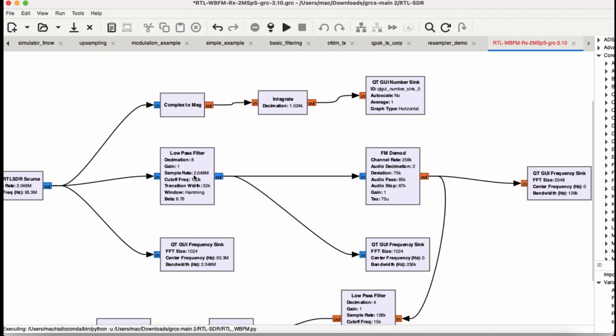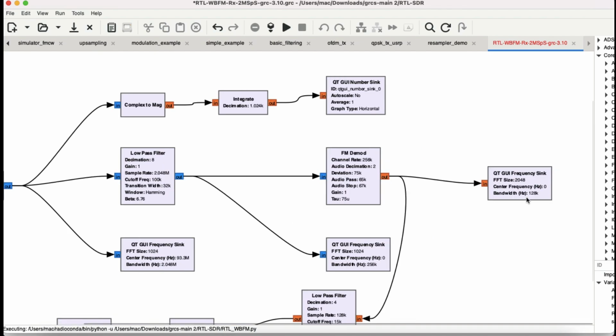If you take 2 megasamples divided by 8, you get 250, and then this small chunk which is 56 kilo. You have a deviation factor that remains the same, which is 75 kilohertz, which is standard for an FM signal. You have an audio frequency, so we're trying to pass some frequencies and stop others, 67 kilohertz, and pass frequencies which are 65. All of this is being visualized using your frequency sink.